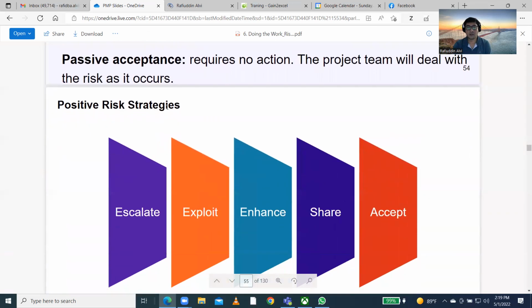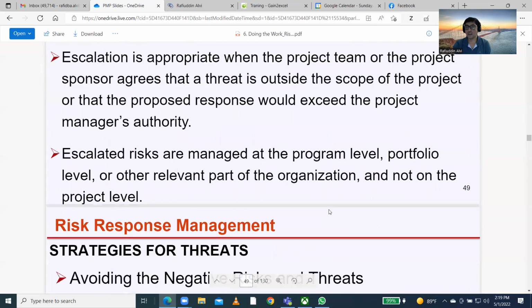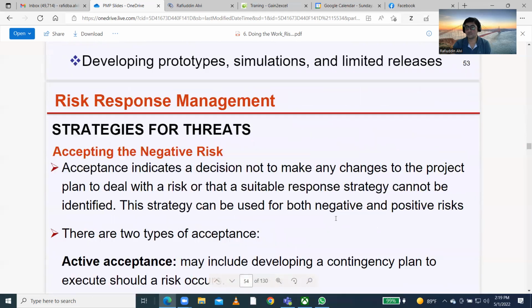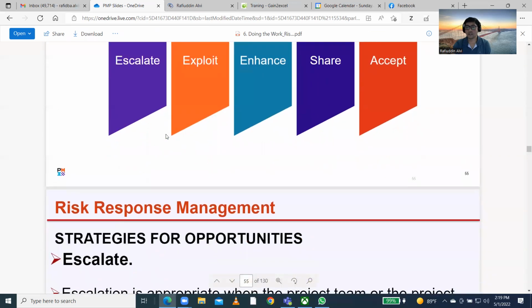See, it comes under negative risk strategies. For example, here you have mitigate, here you have share. Sometimes they will ask whether sharing of a risk comes under positive or negative. It comes under positive, something like that.